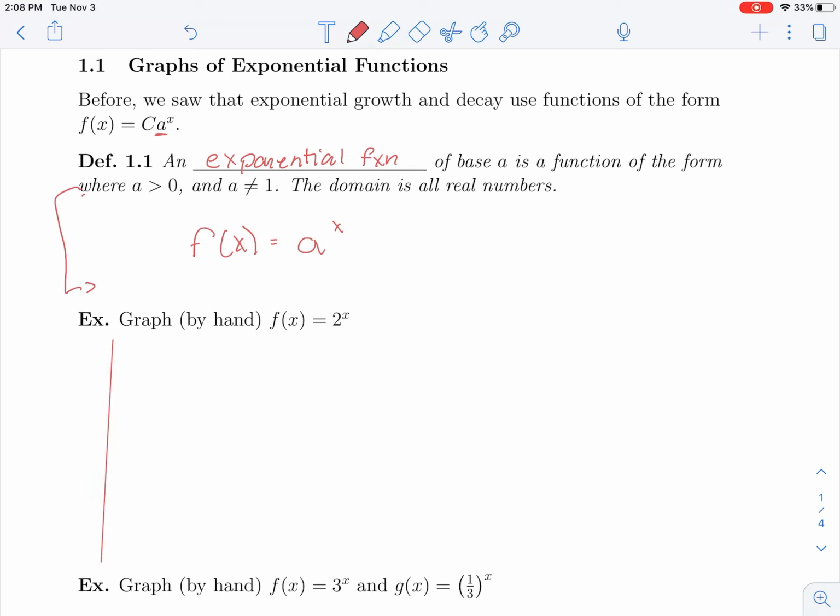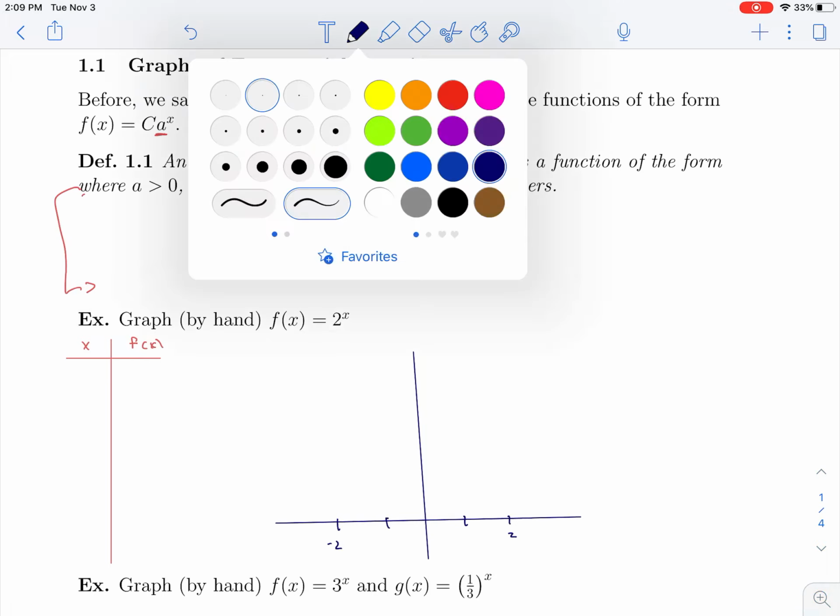And we're going to have x and f of x. Let's do -2 to 2, and then we can extrapolate from there.